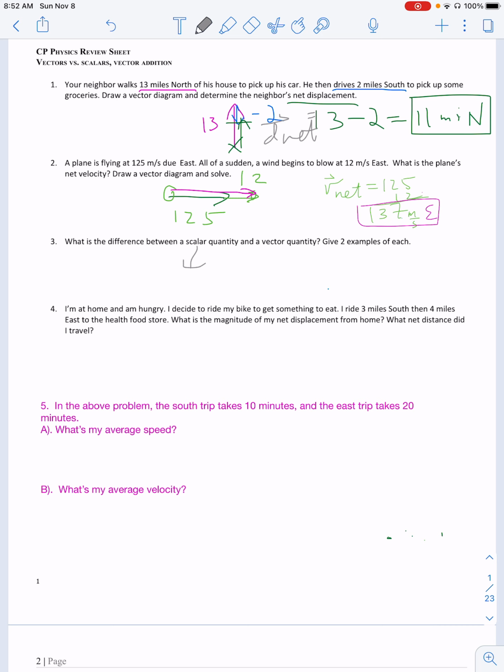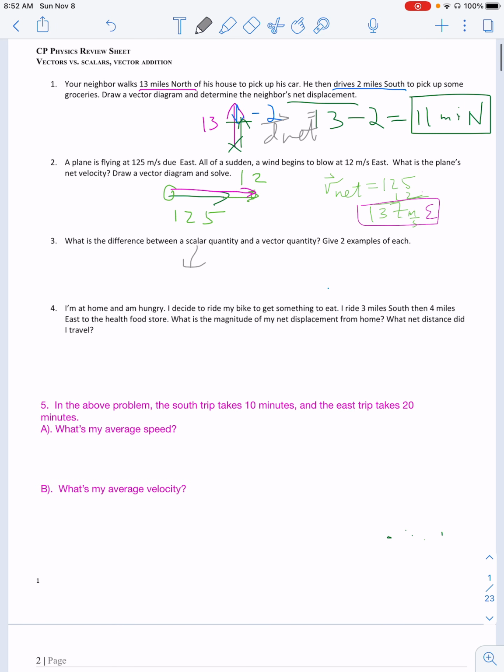But scalar just has magnitude only. Magnitude is a number in a unit. Size. It's another word for magnitude. So like 12 meters per second. That is a vector. That would be speed.